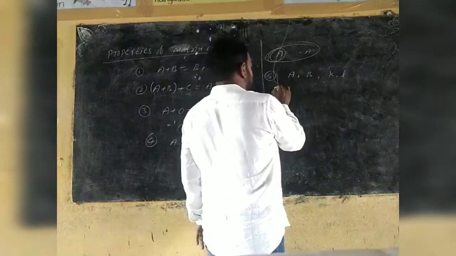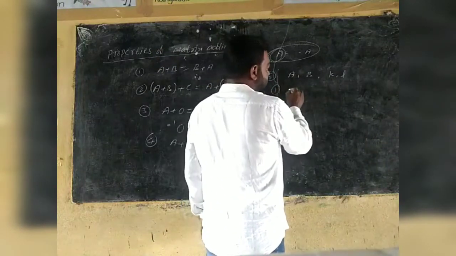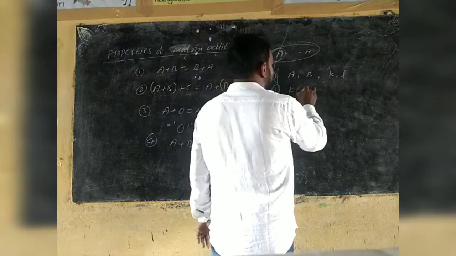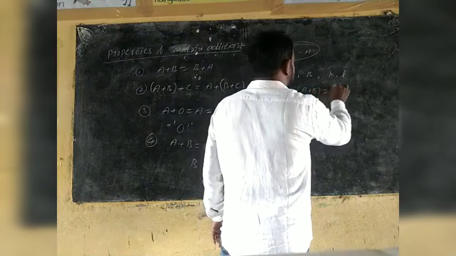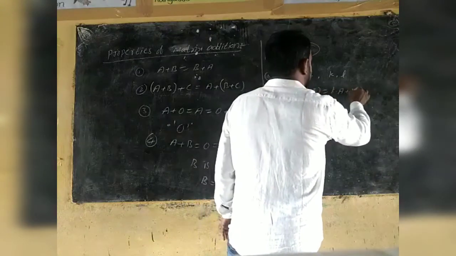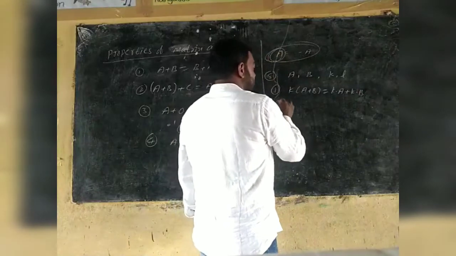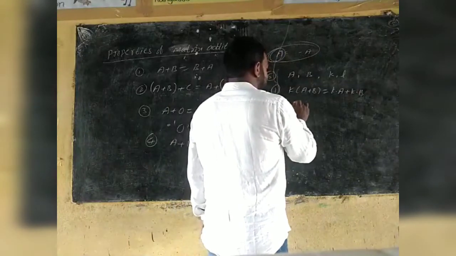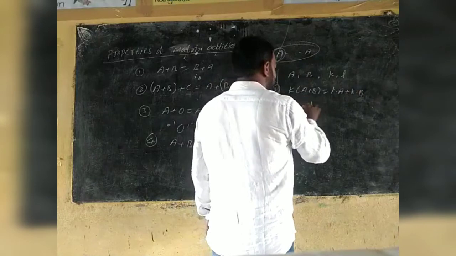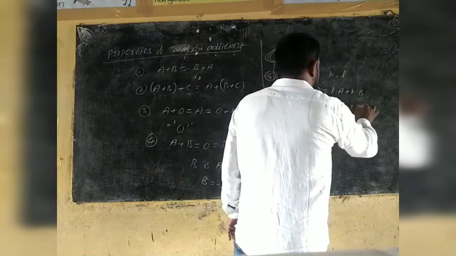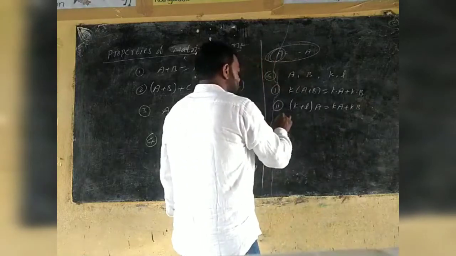In the first property, K into (A plus B) is equal to Ka plus Kb. Second property, (K plus L) into A is equal to Ka plus La.